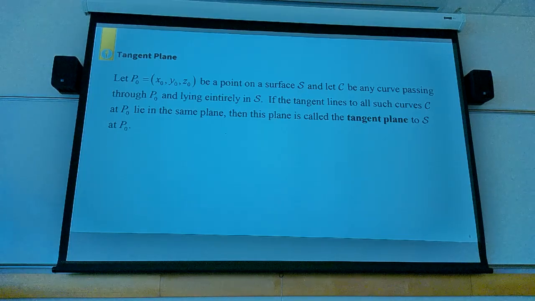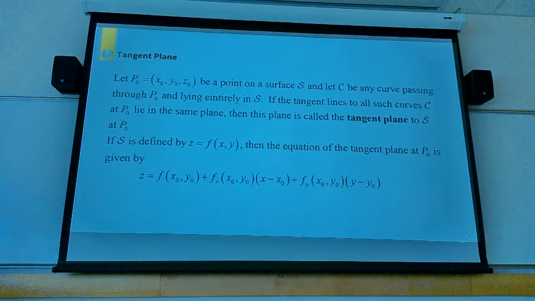And so that's the definition of the tangent plane. It's the collection of all those tangent lines.